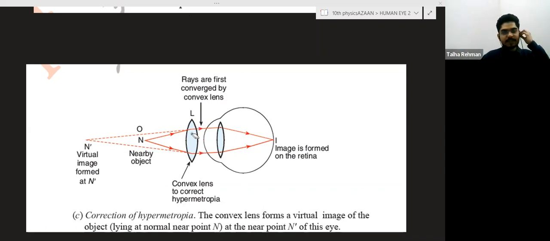Basically, this lens is producing the image of this object at the near point of this eye.